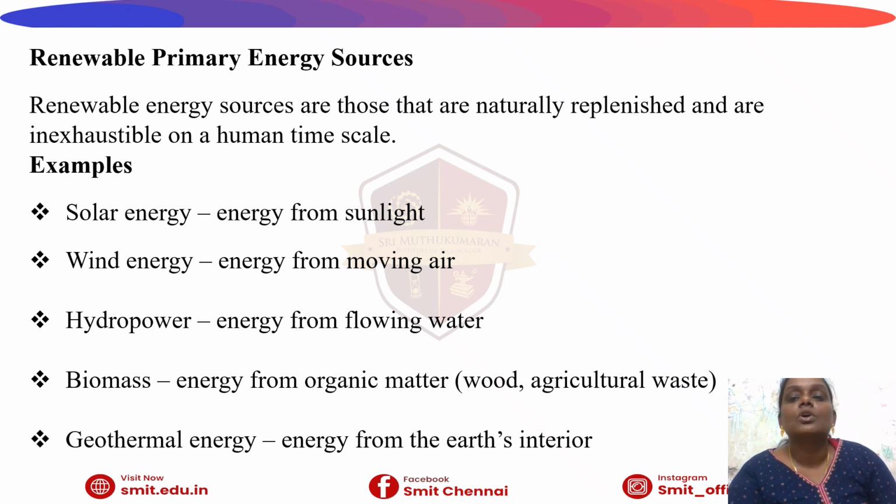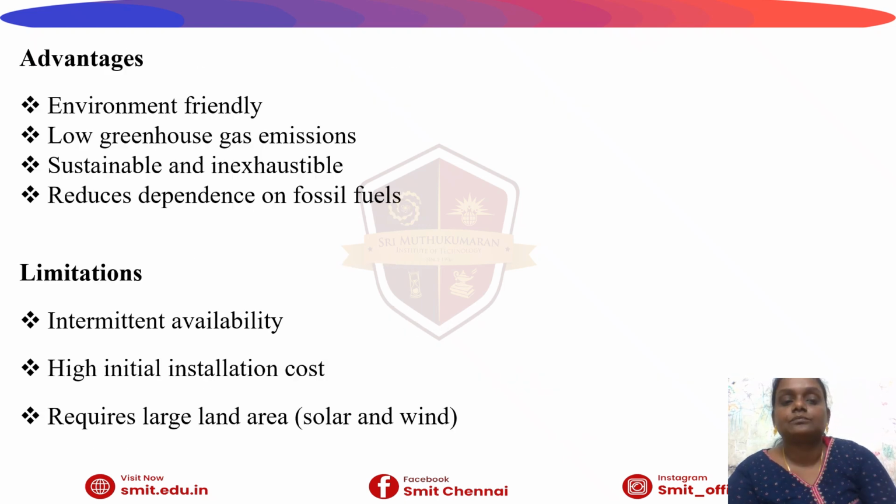For example, solar energy, which is energy we get from sunlight; wind energy, this is energy from moving air; hydropower, this is energy from flowing water; biomass, this is energy from organic matter, that is wood, agricultural waste; and geothermal energy, this is energy from the earth's interior.